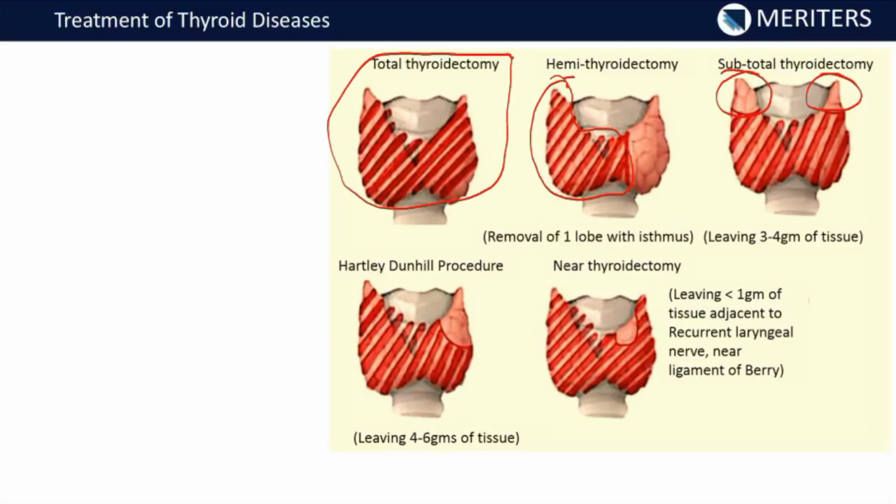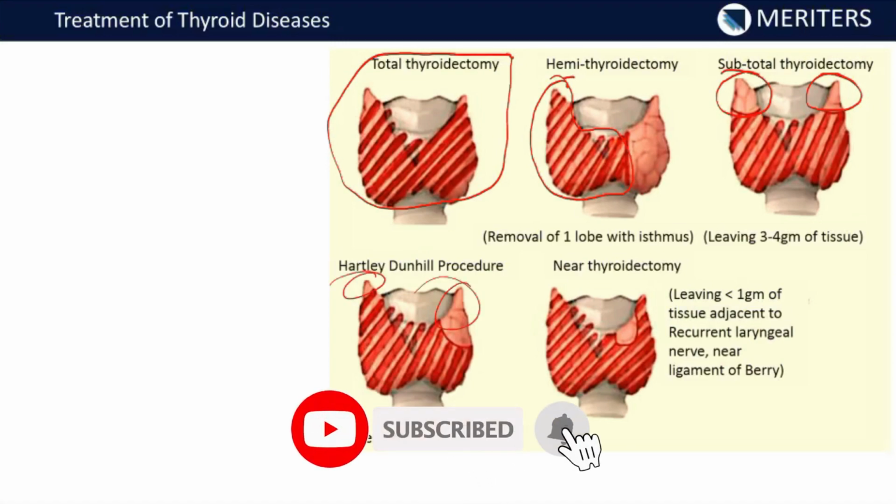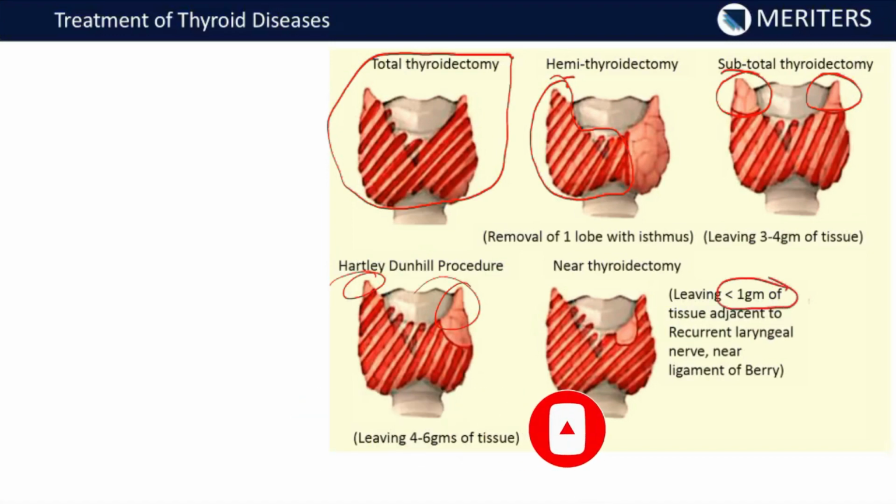Then you have Hartley-Dunhill procedure where we leave 4 to 6 gram of tissue on both sides. And then near total thyroidectomy, leaving less than 1 gram of tissue adjacent to the recurrent laryngeal nerve. Okay, so that is important, near ligament of Berry. So these pictures are important for your exam.